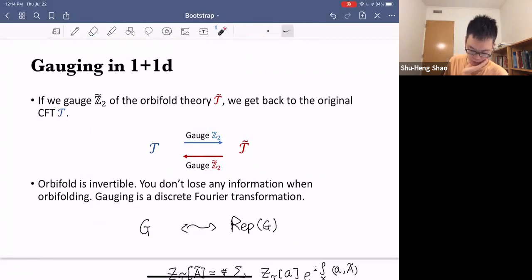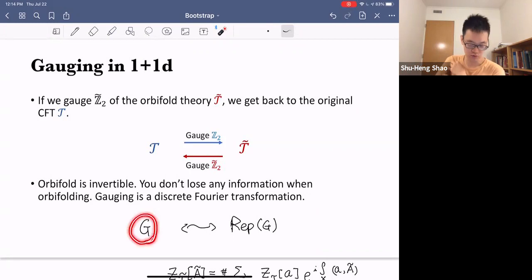Right, so how do you think about the emergent thing? There's actually a very intuitive way to think about it. You gauge a G symmetry. It's a finite group, so at the end of the day, you'll get some Wilson line of G. But the G Wilson lines are labeled by representations of G, and then they should be viewed as the quantum symmetry.